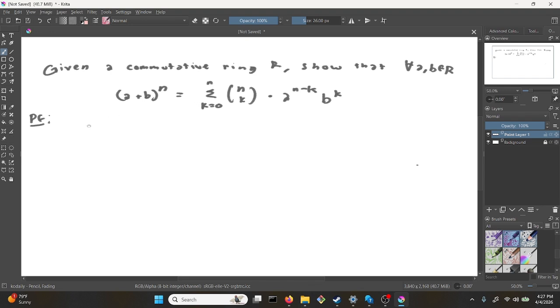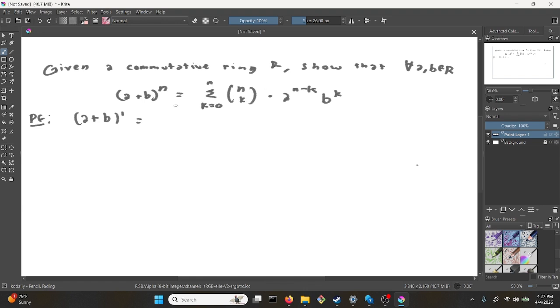And to prove this is basically just induction. So we show it's true for n equals 1. So we just consider what this is. This is just a plus b.